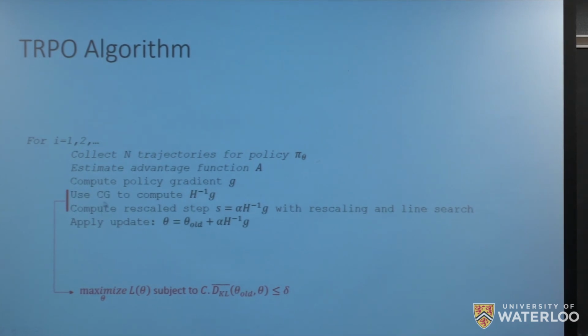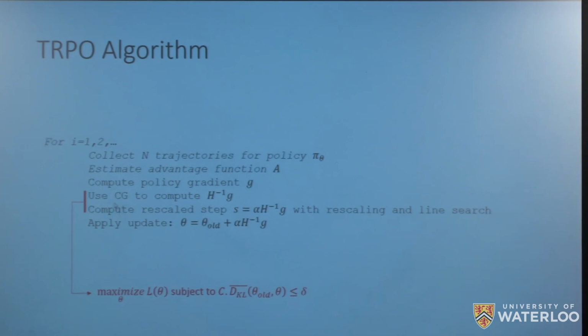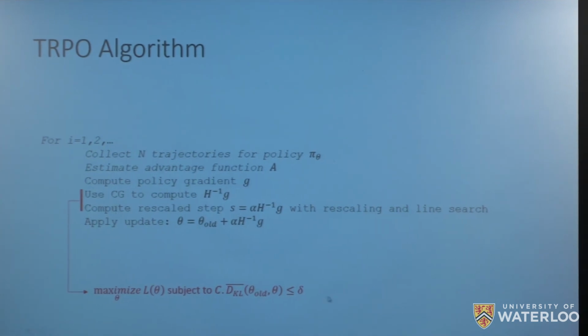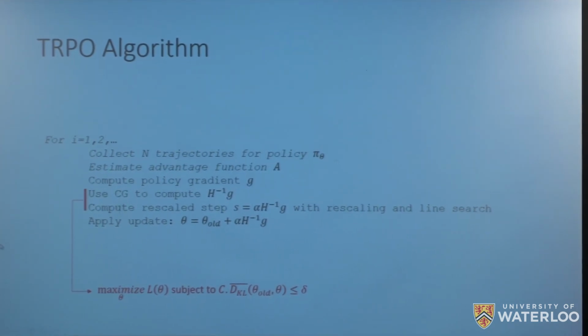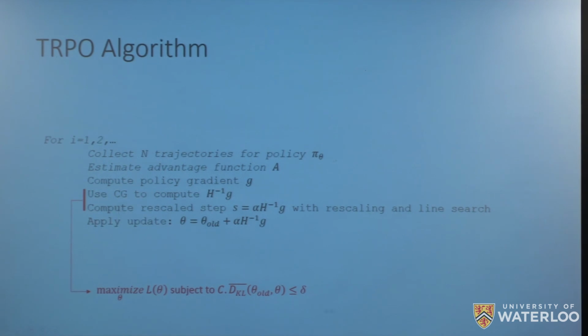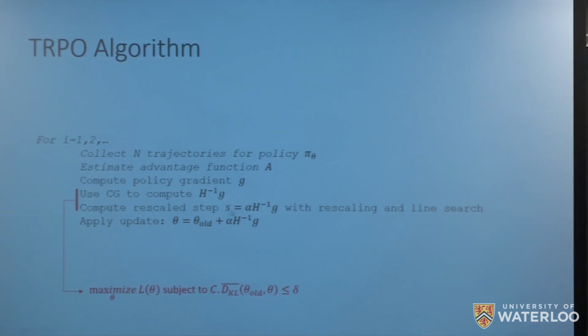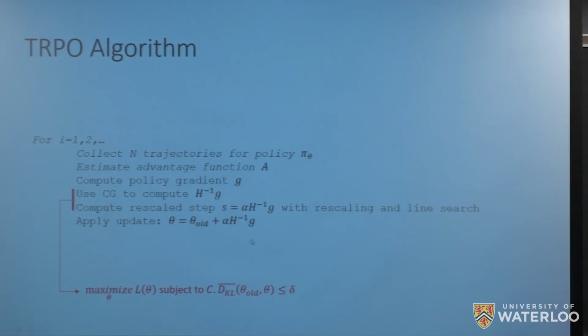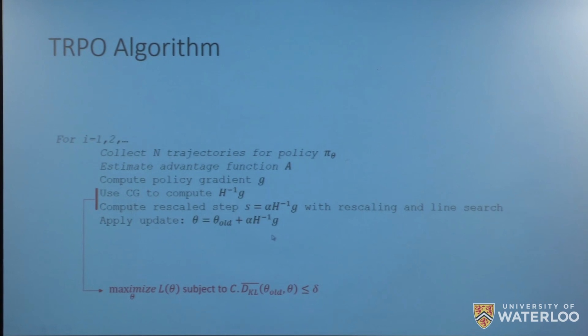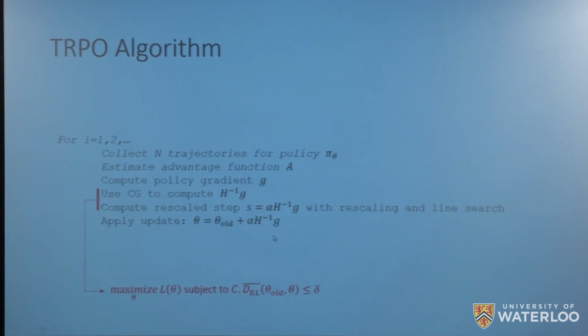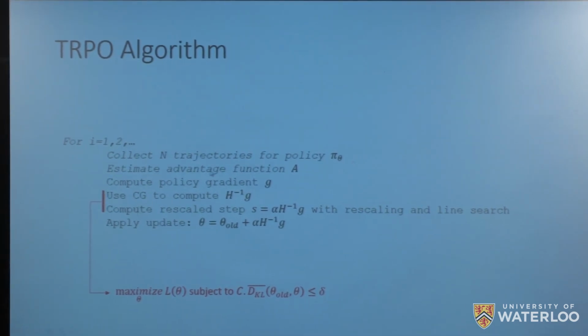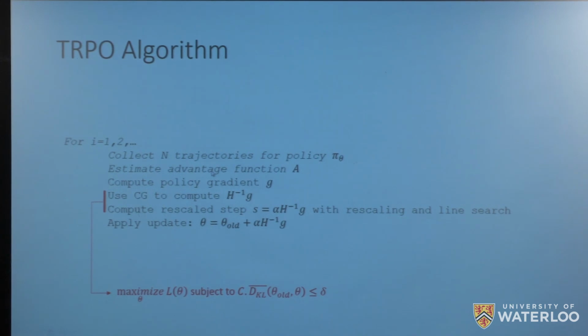You compute H inverse G using the conjugate gradient, which minimizes this. These two lines are minimizing this particular loss. Then eventually you scale the step size and multiply that to the gradient. This ensures that your update is happening in the trusted region. So that's the TRPO algorithm.